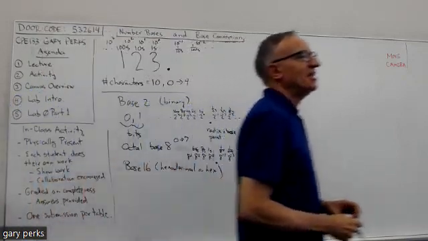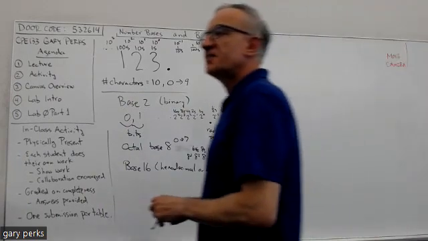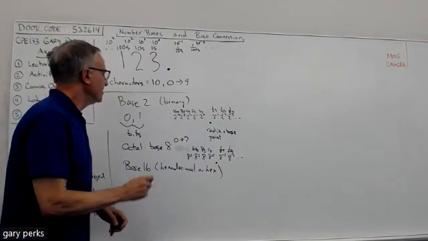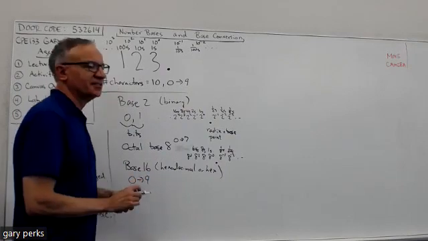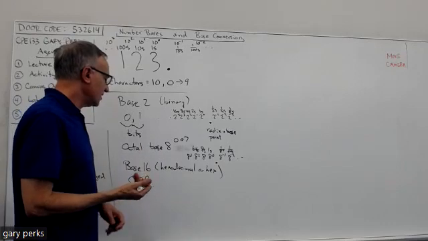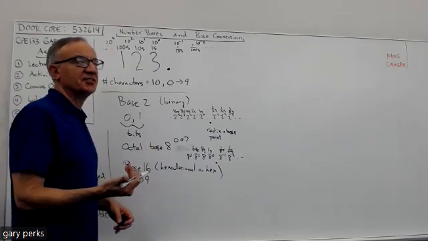So base 16, how many characters? 16. And does anyone know how we get the 16 characters? 0 through 9. Exactly. We go 0 through 9 for the first 10, just like we do in base 10, but now we need another 6 characters, and that's when we start using letters.